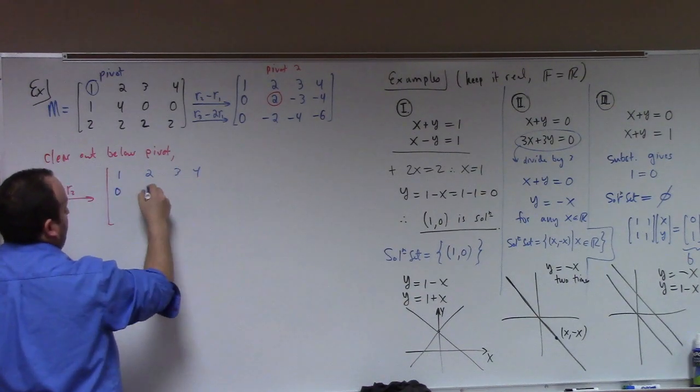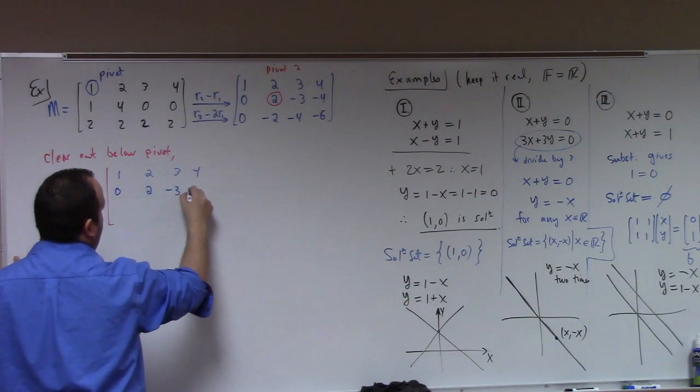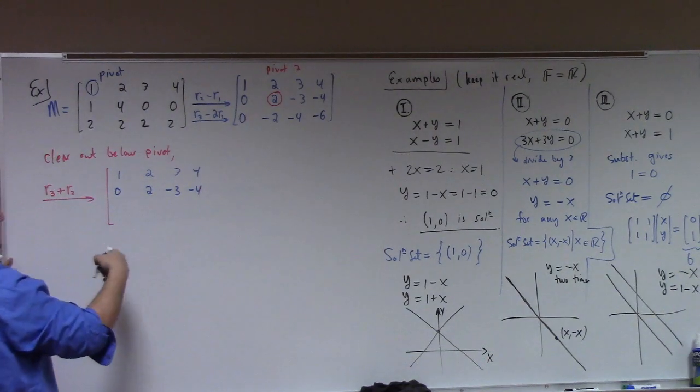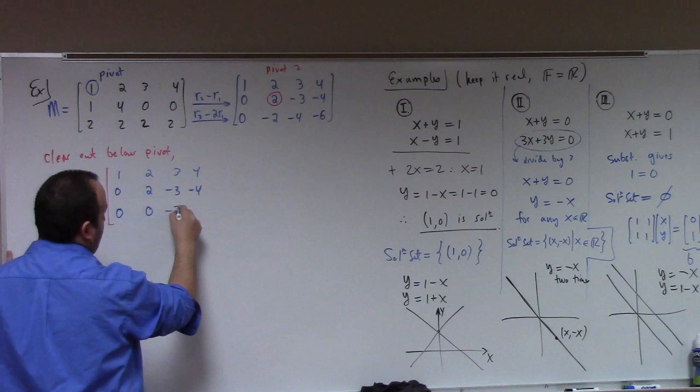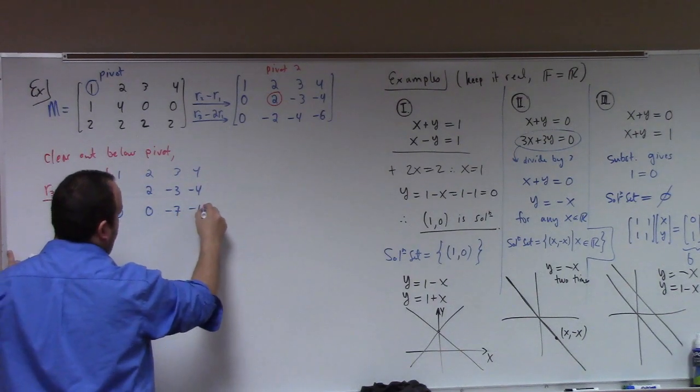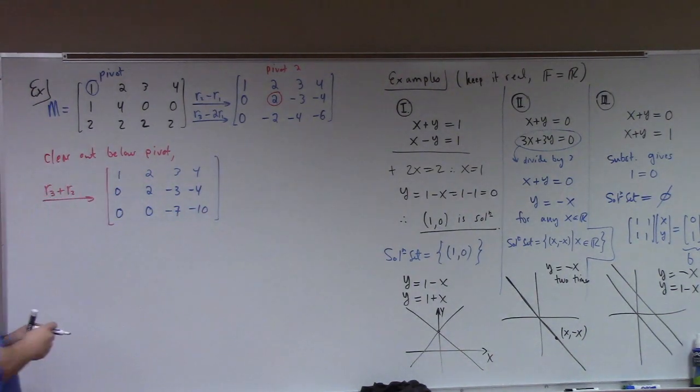I've got myself a 0, 2, minus 3, minus 4, nothing changed there. But then adding row 2 to row 3, I've got 0, I've got 0, I've got, looks like a minus 7, minus 10. Guess what? We are done with pivot 2. We have cleared out below it.